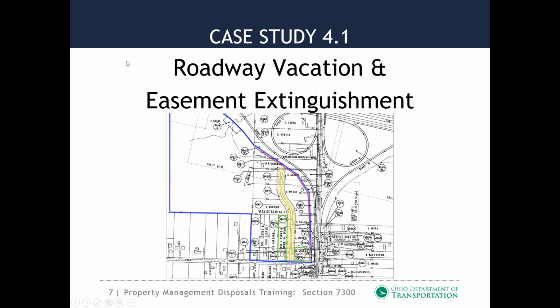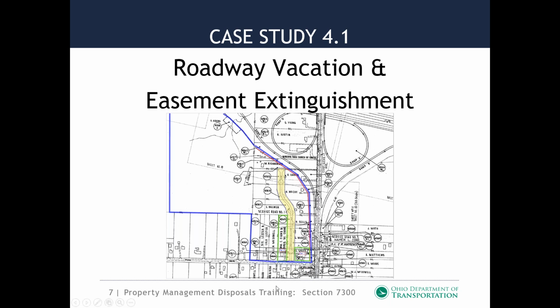In scenario 2, the developer owns the blue, but then there are 2 holdouts, the parcels highlighted in green, parcels 6 and 7. That would change it just a little bit because there's more than one abutting owner.